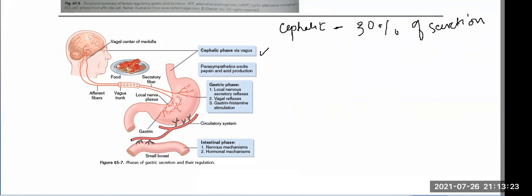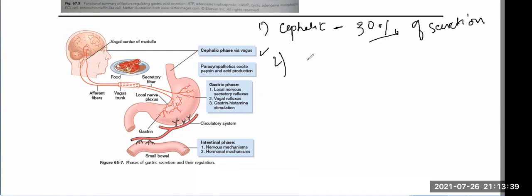I'm sorry, I used the term cortex earlier. It's caused by the cerebral cortex and in the appetite centers of the amygdala and hypothalamus. And it constitutes 30% of gastric secretion.